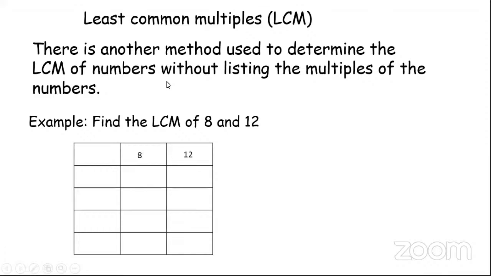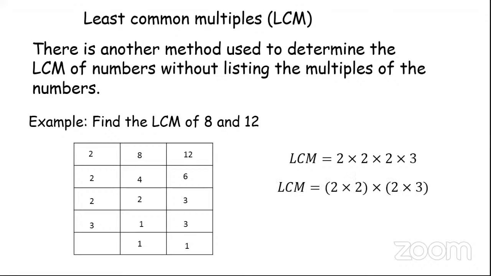So this is where we had stopped. We are saying LCM is 2 times 2 times 2 times 3. If we do the grouping, that is 2 times 2 and then 2 times 3.